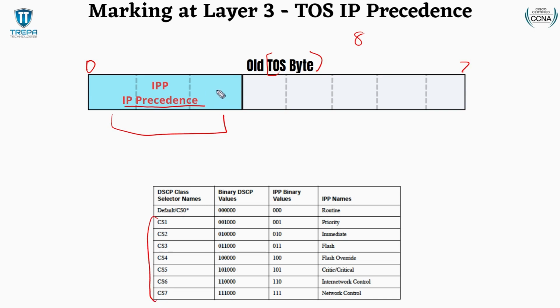So if we had 3 bits here, let's say these 3 bits are a binary chart, and we had 1, 1, 0, well, that equals 6, right? So if we decided to turn these bits on, that means this IP traffic that we're marking here was going to be in a class selector of 6, which gave us internetwork control, which means essentially that it's a higher priority.